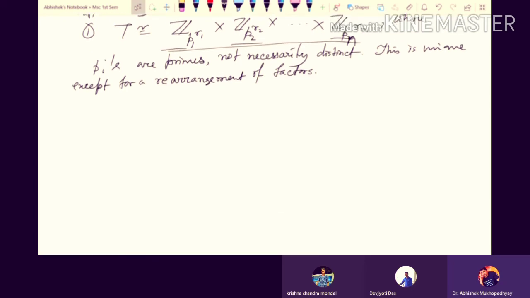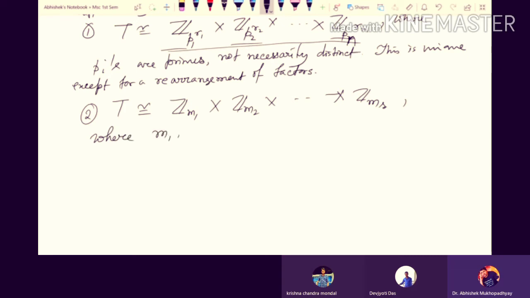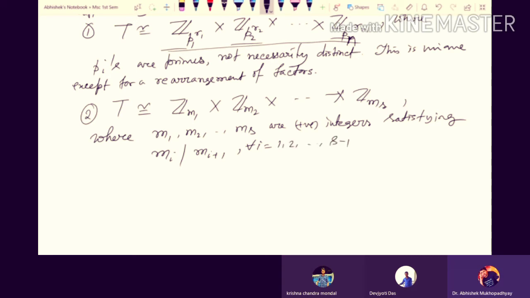And the second representation will be the general one, that is T is isomorphic to Z_M1 cross Z_M2 cross ... Z_MS, where M1, M2, ..., MS are positive integers satisfying Mi divides Mi+1 for all i equal to 1 to S minus 1.